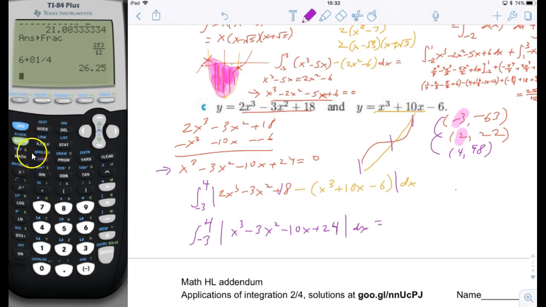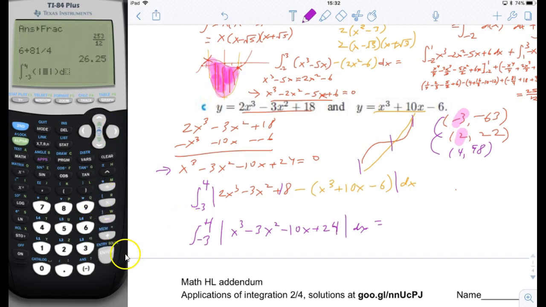Here we're going to do this with the integral function. So we'll do math, and then fnInt, and then I'm going to take the integral from -3 to 4, and inside here I'm going to put absolute value, which, let's see if this is under math somewhere. I don't see it. Is it under number maybe? There it is, absolute value.